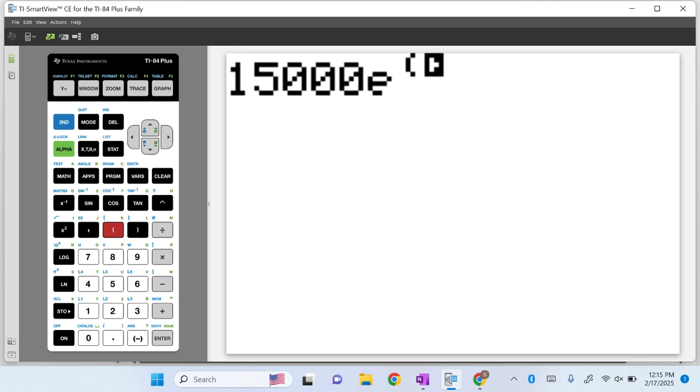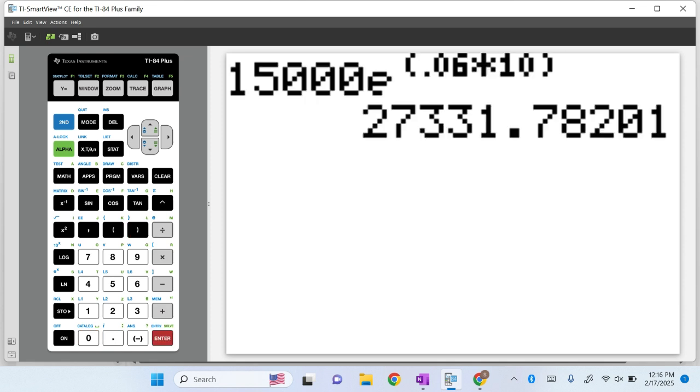So if you need E without an exponent, hit second division key. If you want E with an exponent, hit second LN. And then I'll do 0.06 times 10. Hit enter. That's the number we get.